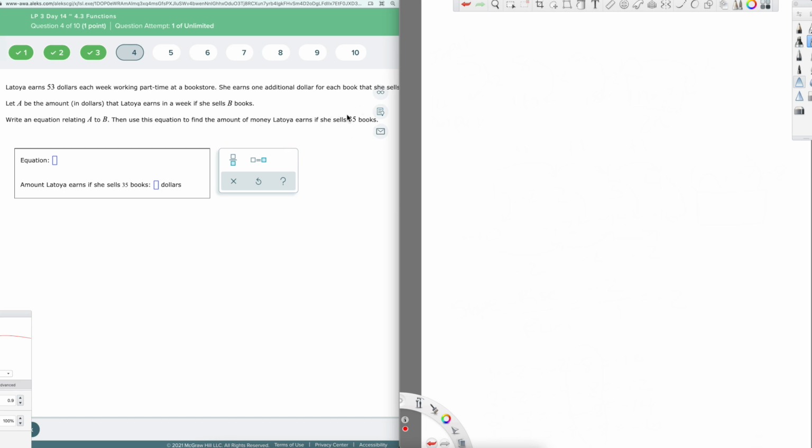So let's think about the problem. And I know when I'm doing this in class, we have a starting point and we have a change. The starting point is the y-intercept, and the change is the slope.